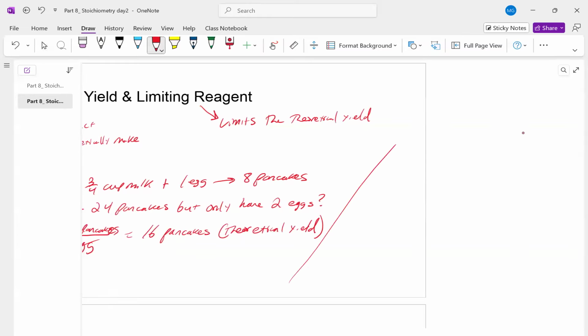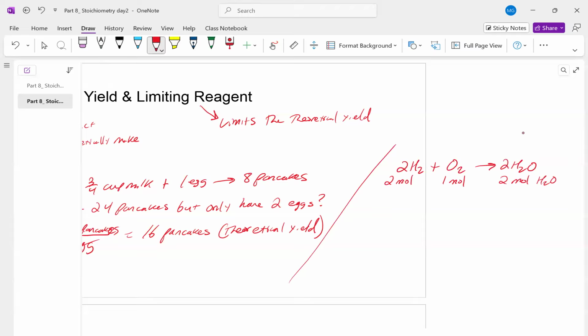So let's go back also with that and look at the water example. So we took hydrogen and oxygen to make water. What I want to highlight here is that what this balanced equation means is that this reaction requires 2 moles of hydrogen for every 1 mole of oxygen to make 2 moles of water.